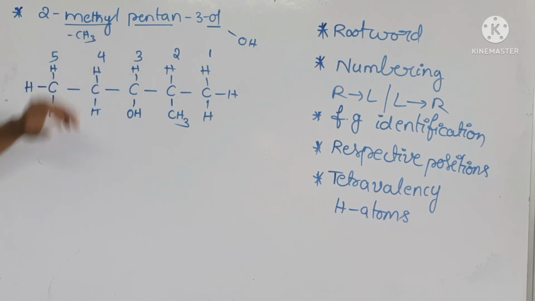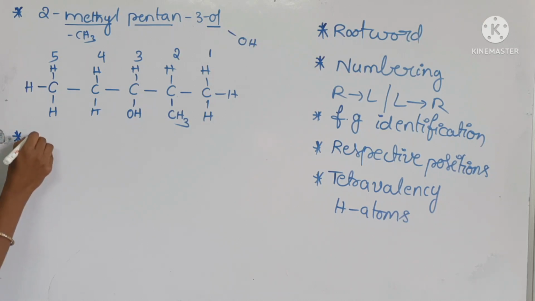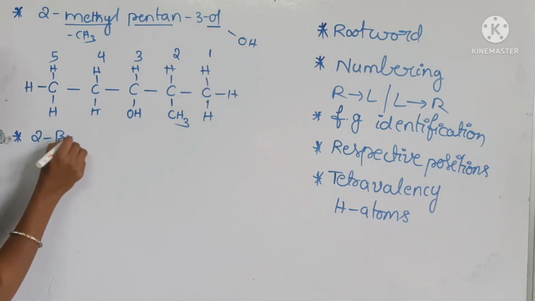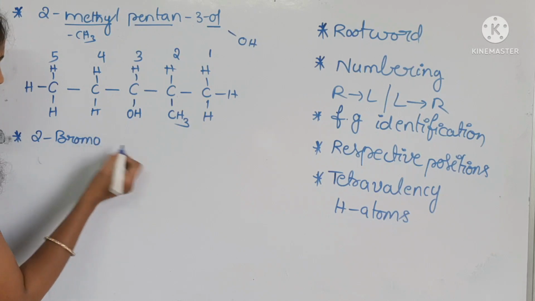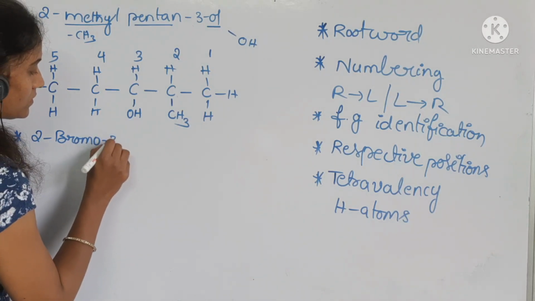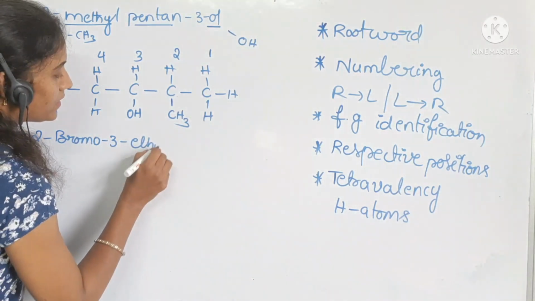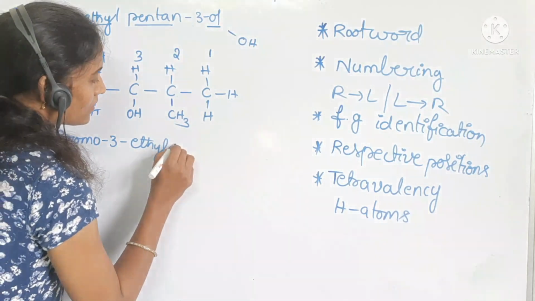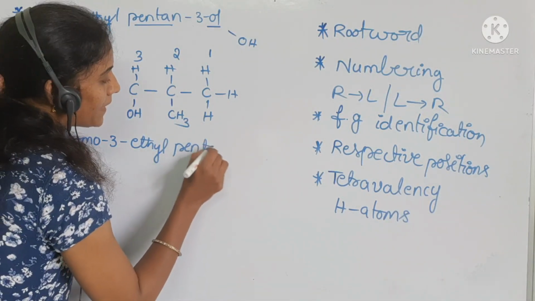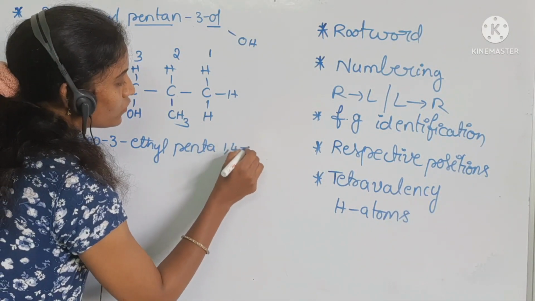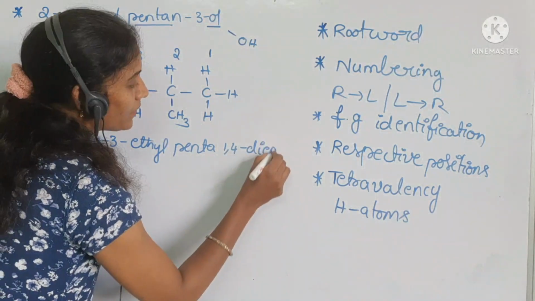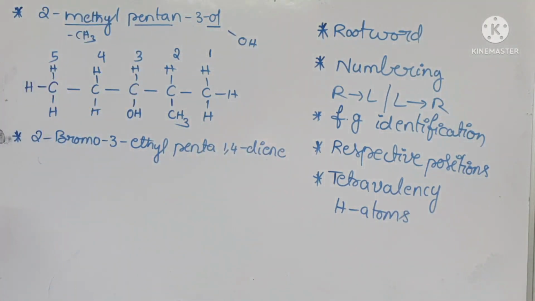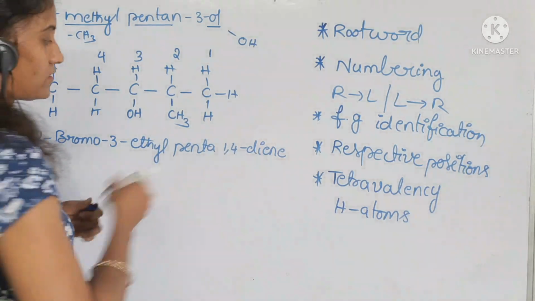So the next example is 2-bromo 3-ethyl penta-1,4-diene. Okay, so here also you have to do the same thing first.